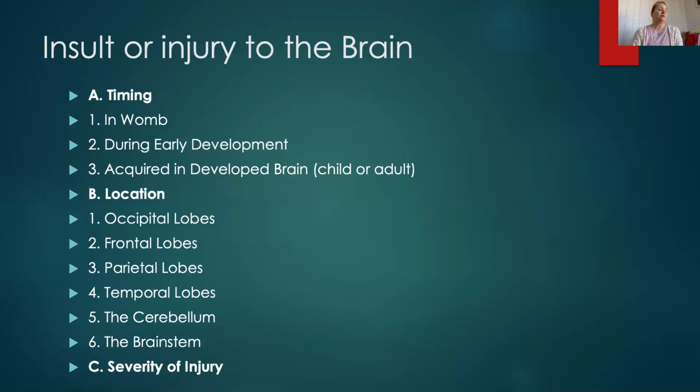Then we need to find out when it has happened, because that will tell us a little bit how that injury is going to act. And then where does that injury take place? We talked about the occipital lobes, which are in the back of the brain. Dr. Dutton talked about that. The frontal lobe is where we have our executive functioning, in the very front forehead part of your brain.